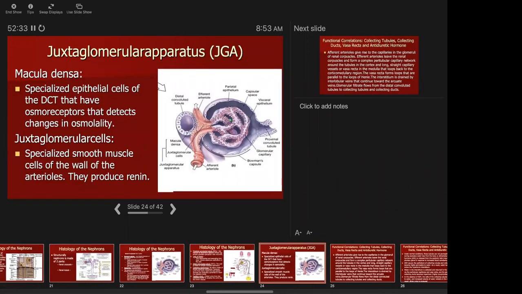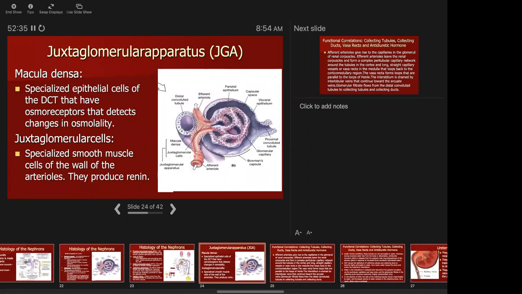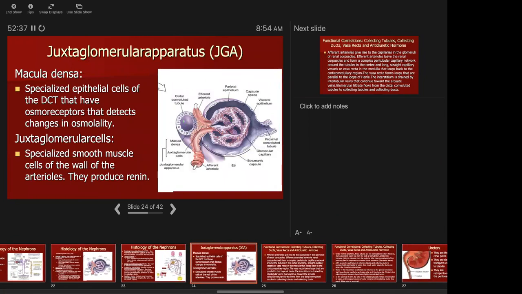Okay, before we leave, I would like to mention this. Now look at this one here. This is the distal convoluted tubule. If you take the afferent arteriole and efferent arteriole, at their junction, there is a group of cells. Those cells are called juxtaglomerular cells. These are specialized cells. And the distal convoluted tubule actually touches this juxtaglomerular apparatus.